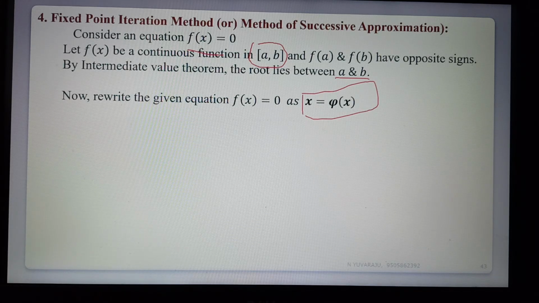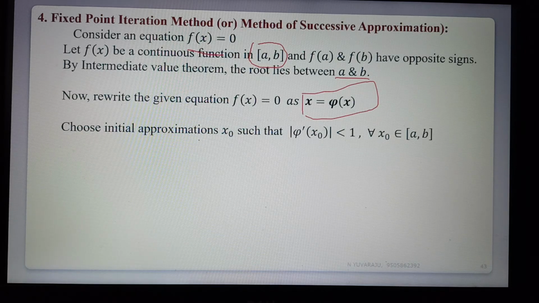Now choose the initial approximation x naught such that mod of phi dash of x naught is less than 1. If it is given, no problem. If not given, we have to find x naught after rewriting the function phi of x and differentiating it to get phi dash of x. x naught must be in the given interval a comma b: x naught equal to a, or equal to b, or between a and b.